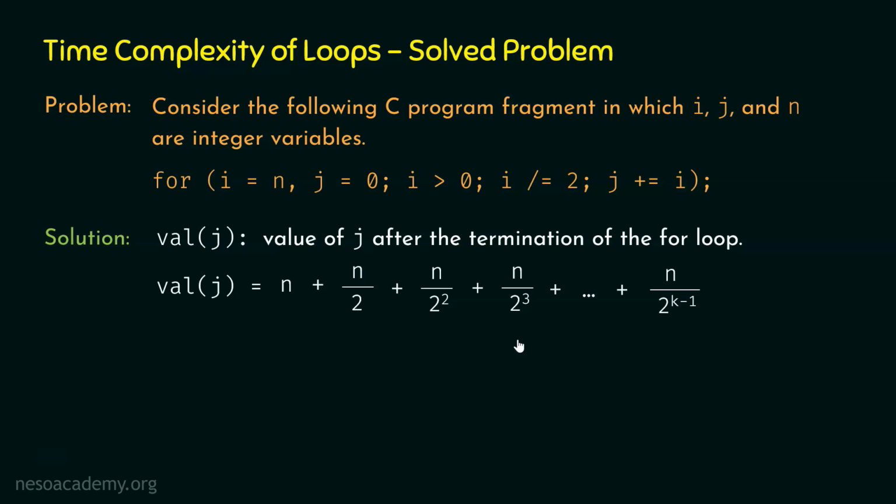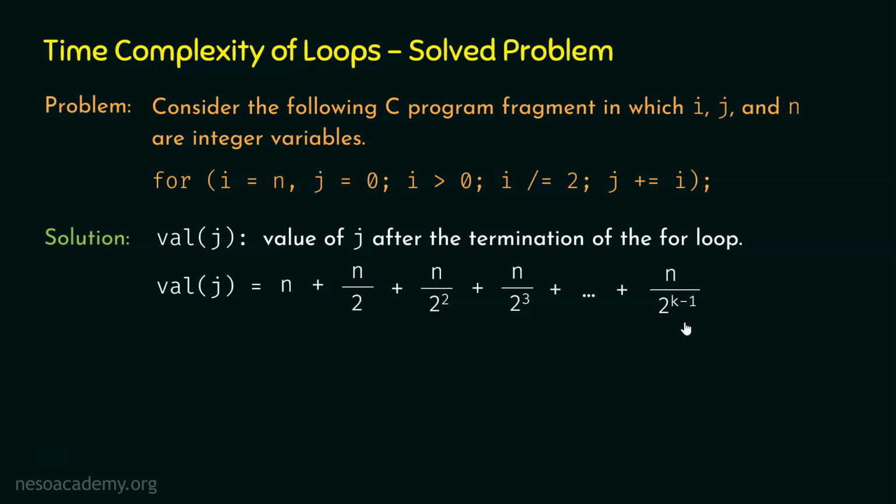This is what we observed in the pattern. In this value of j, the last term is n/2^(k-1). This is the value of j in the kth iteration, and the last term of this value is n/2^(k-1). So clearly, i is also n/2^(k-1). So now we know the value of i in the kth iteration.